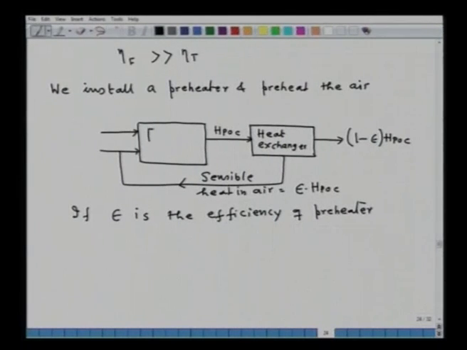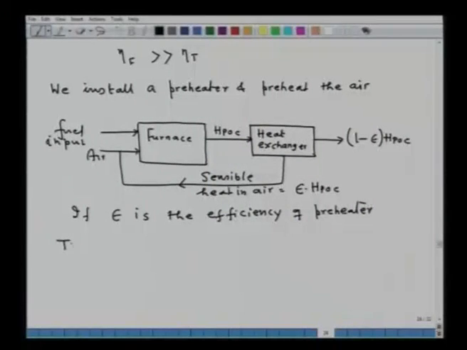This is our furnace. This is the fuel input. This is the air. So, this is how the balance looks now. In this situation, when we are recouping the heat and transferring it into the furnace, then we have two possibilities. We can think of two possibilities.